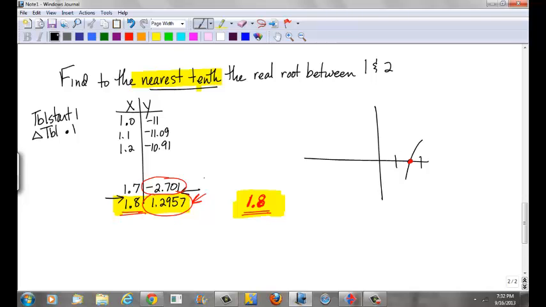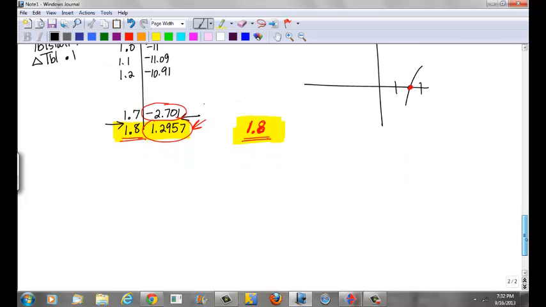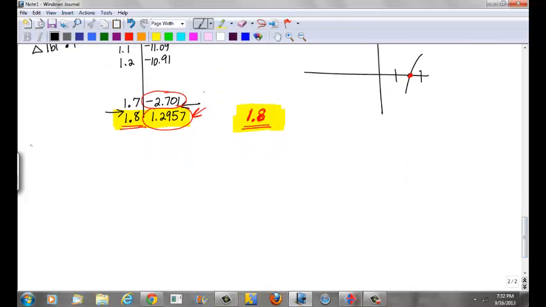So when you're looking for the nearest tenth, you're actually looking at the Y value and picking the Y value that is closer to 0, and that will give you the answer, 1.8. Okay, so that's locating zeros between successive integers and locating zeros to the nearest tenth. The last thing the author does is talk about upper bounds and lower bounds.